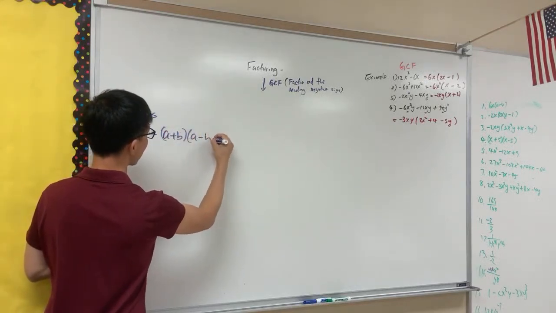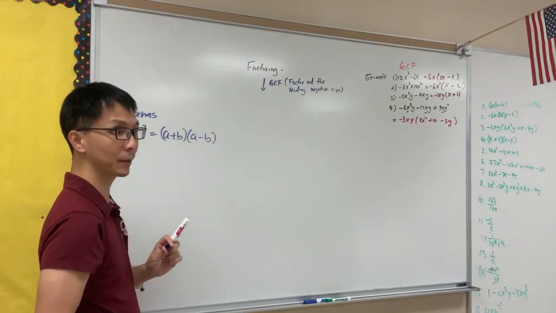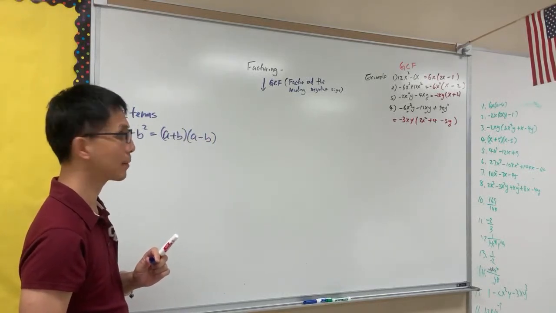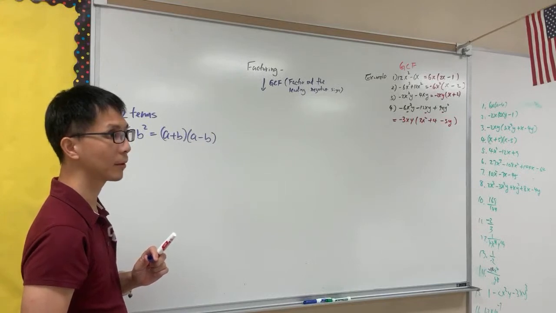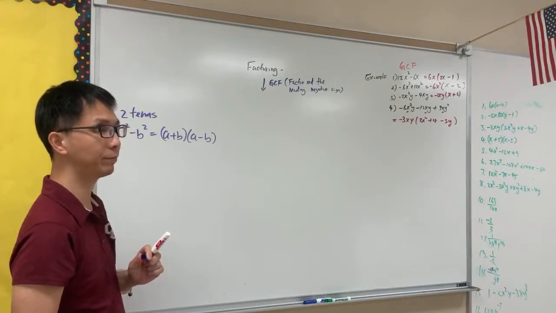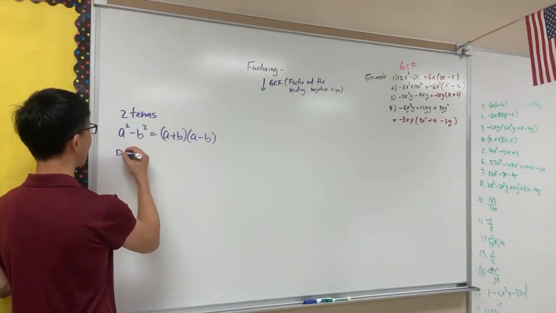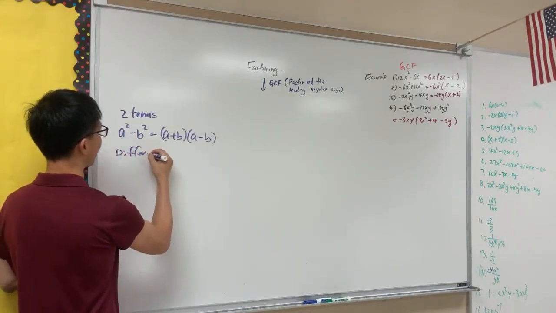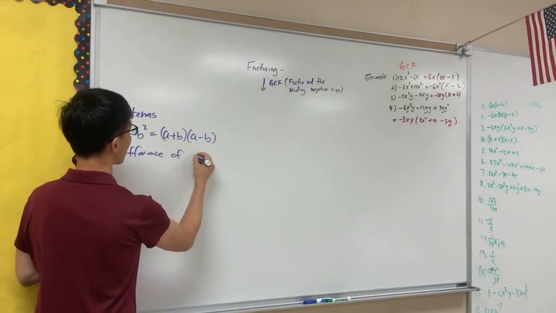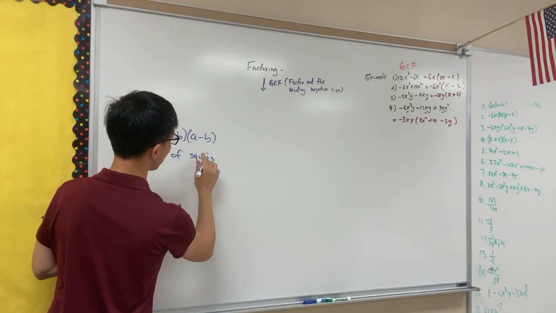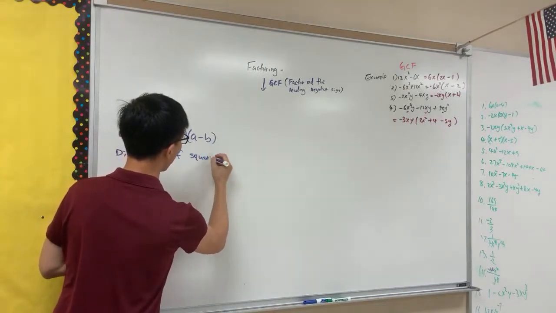How many of you have seen this before? Good. What is the name of this? Difference of squares. Thank you. That's why you're in here. It's called difference of squares.